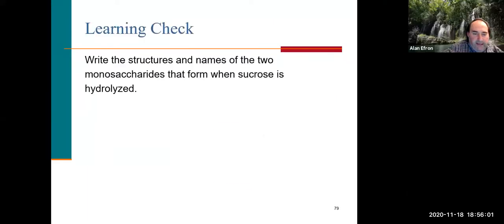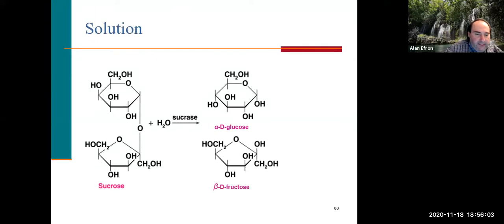So just to give a closer look, since this is sucrose, one last example to finish up. That is carbon 6, that is carbon 5, that is 4, 3, 2, and 1. And coming this way, this is carbon 6, 5, 4, 3, 2.